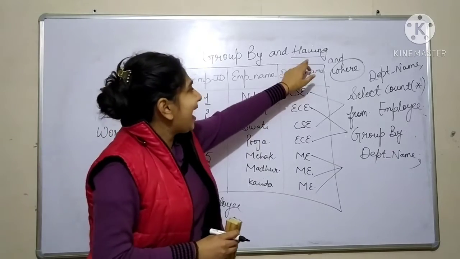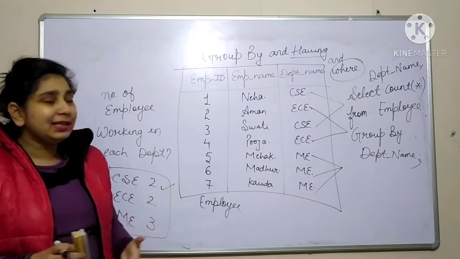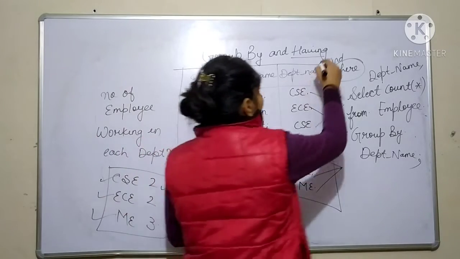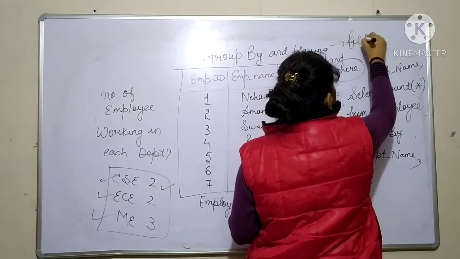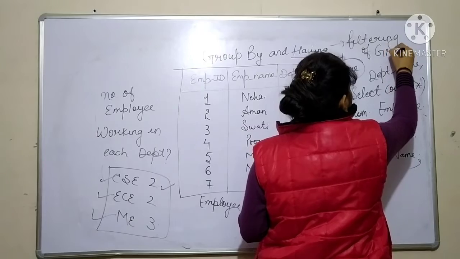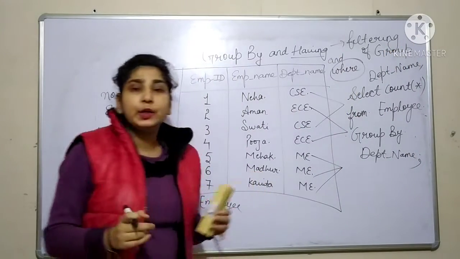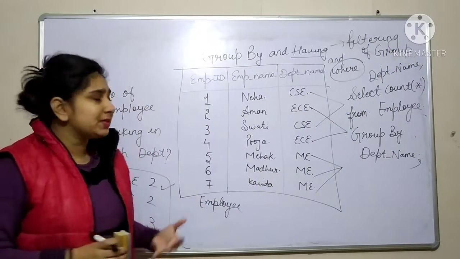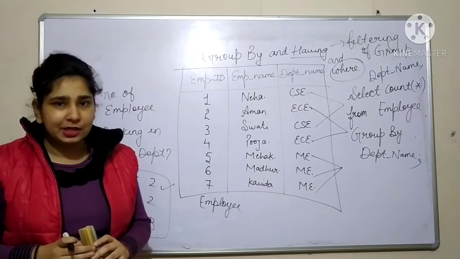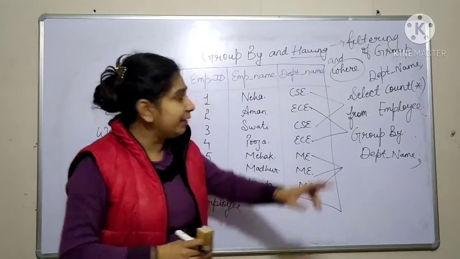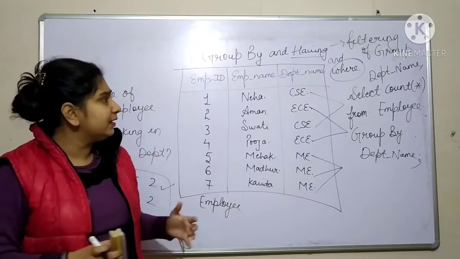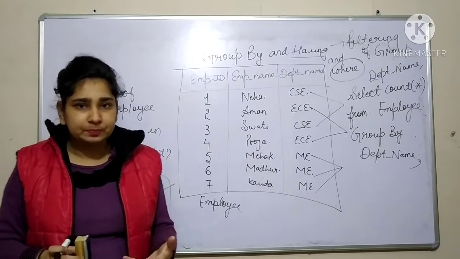Now, what is the meaning of the having clause and how is the having clause different from the where clause? The having clause is basically used to make a filtering of groups. The where clause we basically use if we have to filter some of the tuples from the relation, while the having clause we basically use if we have to filter some of the groups.